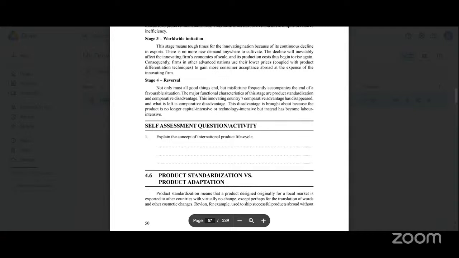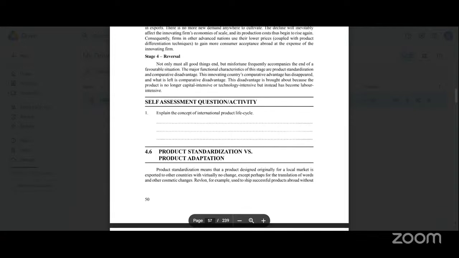And then the final stage is the stage of reversal. So, not only must all good things come to an end, as we know, there's always an end to anything that starts, but misfortune frequently accompanies the end of a favorable situation. So, what do we mean by this misfortune?